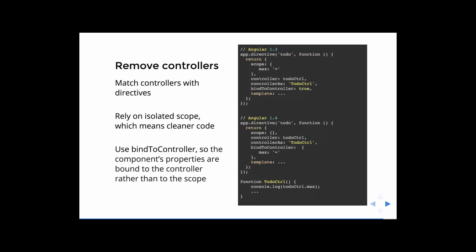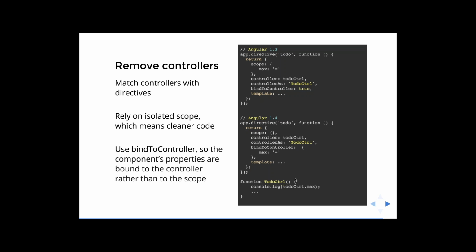This bindToController was introduced in Angular 1.3, although they improved it in Angular 1.4, and it's very similar to the scope. And then once you do that, you also use controller as, and you can access it inside of the controller of this directive as well, with controller as, and the same happens in the template.